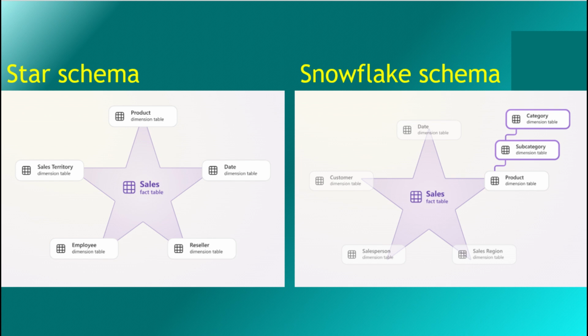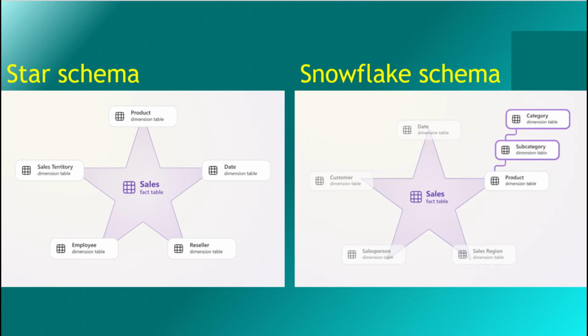A well designed model is one that provides tables for filtering and grouping, and this design fits well with the star schema, whereas snowflake is used when data integrity and storage efficiency are more important, and when you have complex relationships between the dimensions.